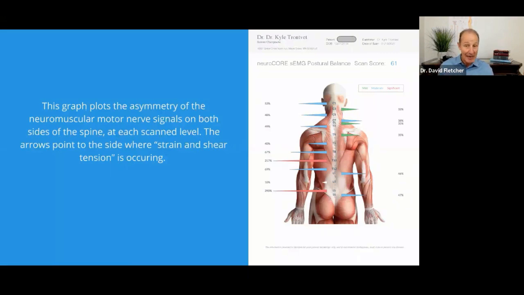And not surprisingly, the body has to counterbalance that. So you'll see a lot of counter shear and shear forces occurring, where we start to see torque and counter torque in either segments or regions. This is an important aspect of interpreting your EMG scans on sequential ones, because you want to see less of this asymmetry going on.